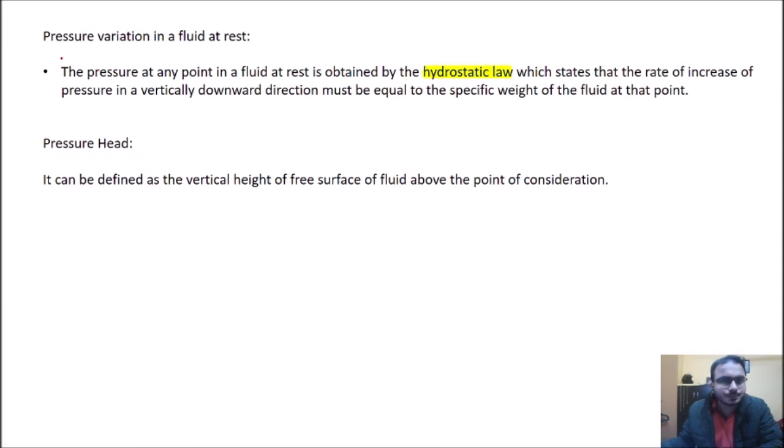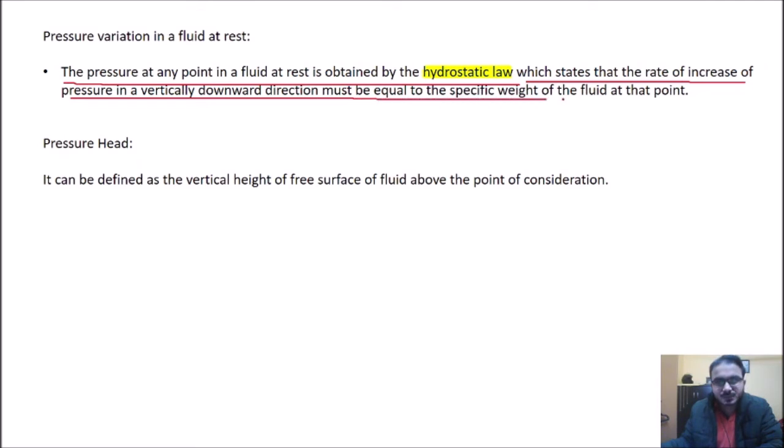So pressure at any point in a fluid at rest is obtained by hydrostatic law, which states that the rate of increase in pressure in a vertically downward direction must be equal to the specific weight of fluid at that point.